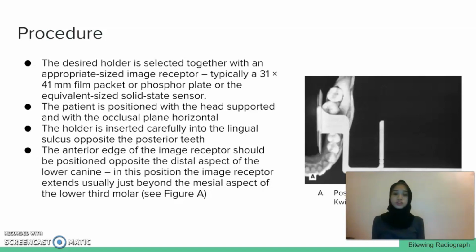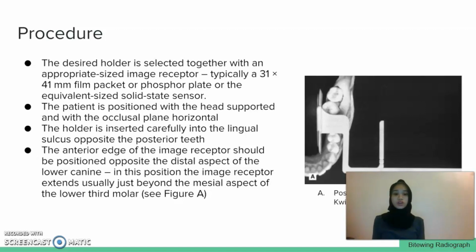The holder is inserted carefully into the lingual sulcus opposite the posterior teeth. The anterior edge of the image receptor should be positioned opposite the distal aspect of the lower canine. In this position, the image receptor extends usually just beyond the mesial aspect of the lower third molar.